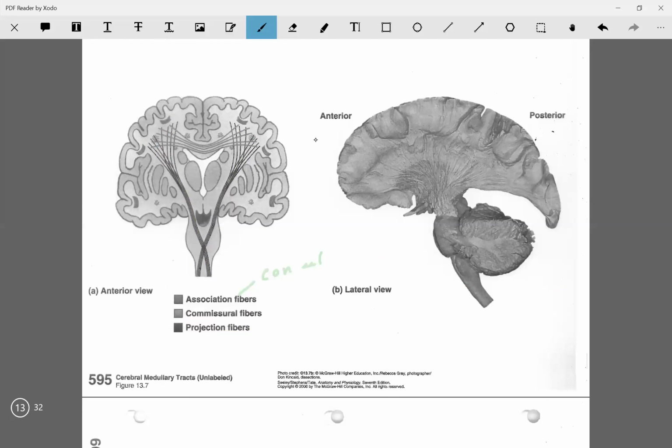All right, give me one sec. Okay, so right here, the association fibers connect areas of the cerebral cortex.